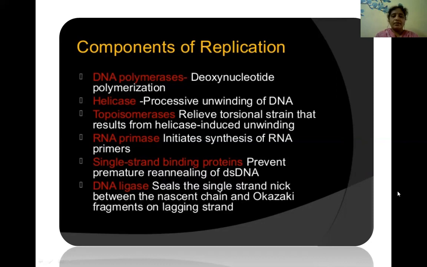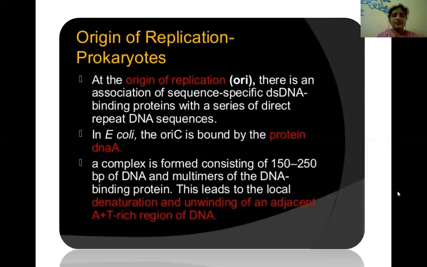Next, RNA primase, which is the most important enzyme which initiates the synthesis of the RNA primers. Next, single stranded binding proteins which prevent premature re-annealing of double stranded DNA. Next, DNA ligases which act as a glue which seals the single strand nick between the nascent chain and Okazaki fragments on the lagging strand.